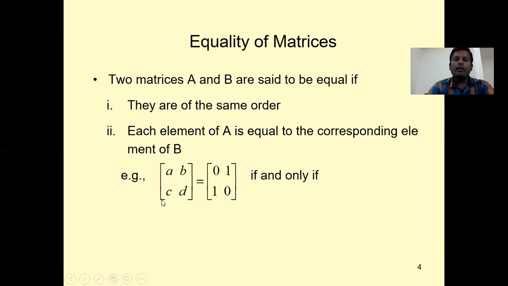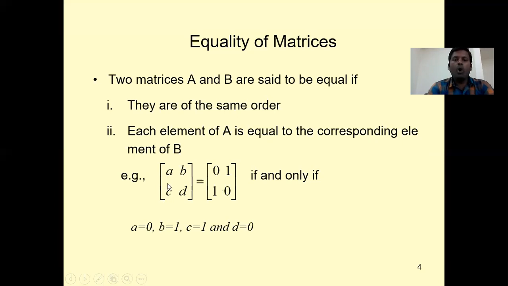Then we have to equate all the elements. We get, if and only if, A equals 0, B equals 1, C equals 1 and D equals 0. We have to equate all elements.